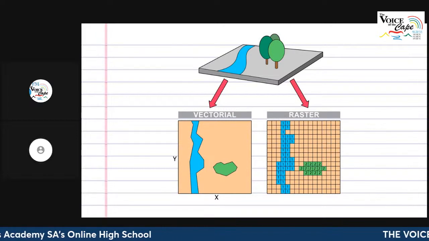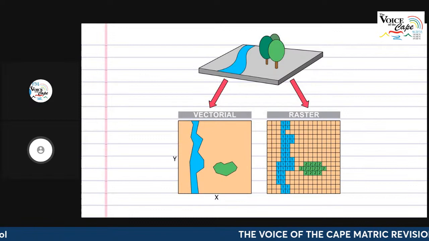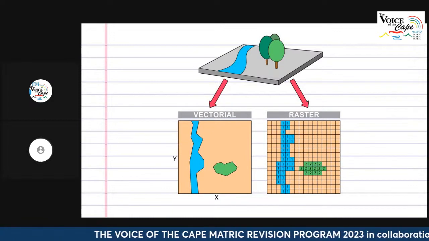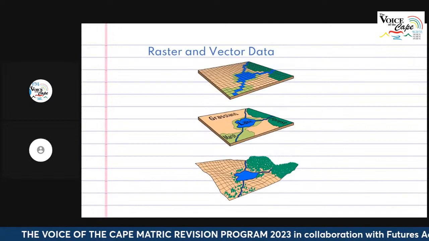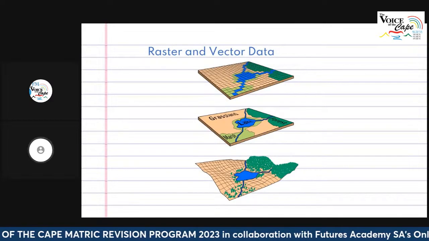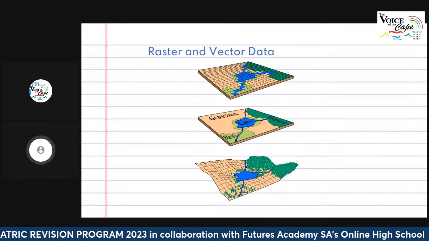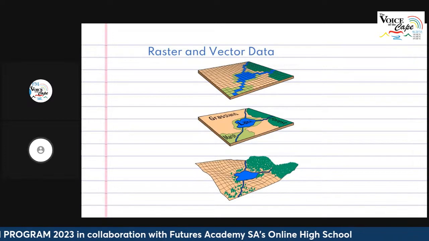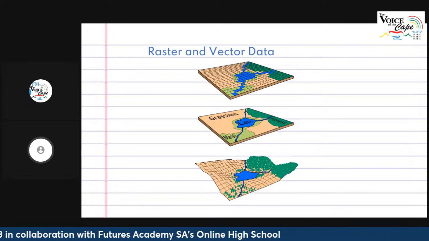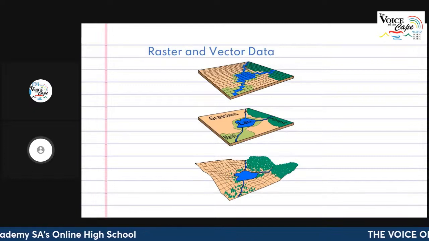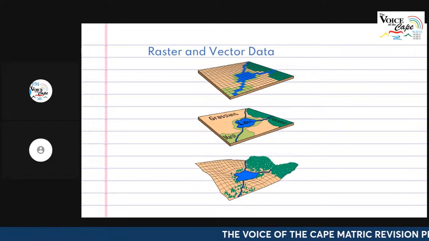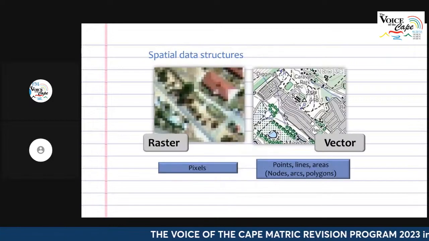Vector data will be your topographical, that means your color map, and raster data will belong to your orthophoto map. So, essentially, we can use both of them together and we can combine it into a particular GIS system, which will then give us what exactly we require.